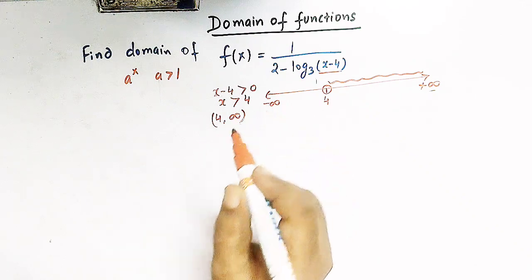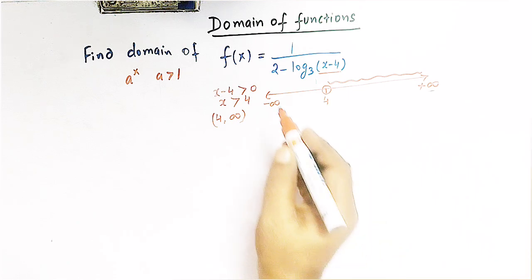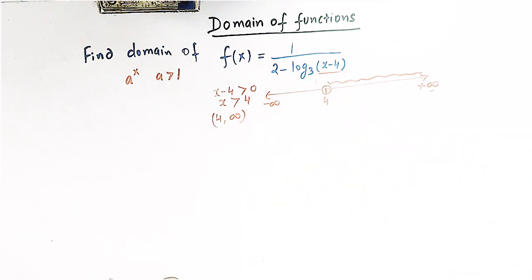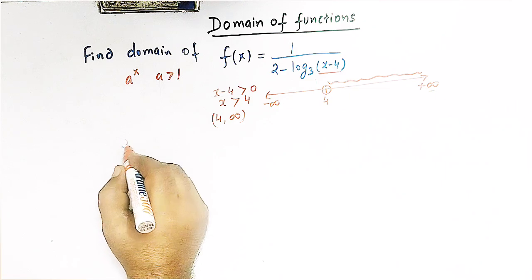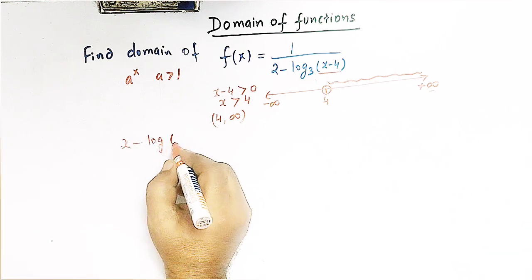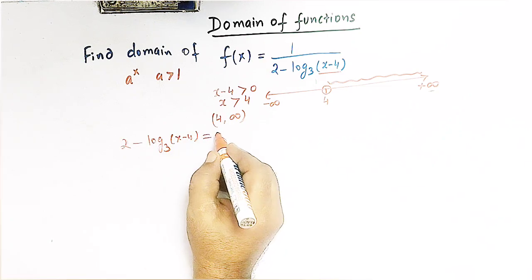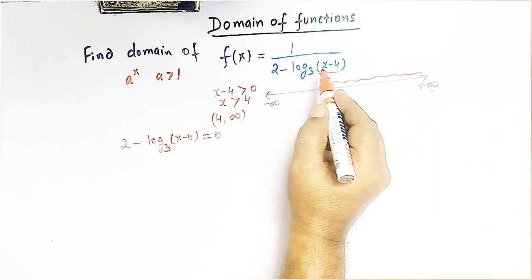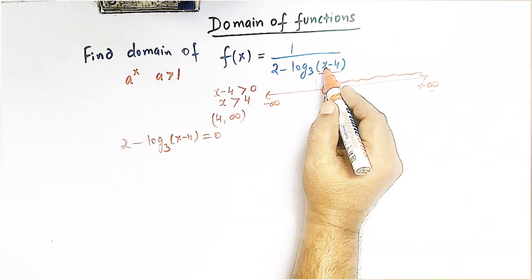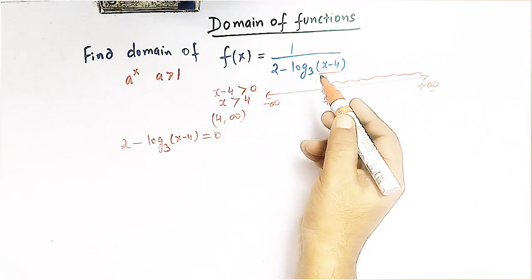Now let us consider the second condition. The denominator should not be equal to 0, so we should not have 2 minus log of x minus 4 to the base 3 equal to 0. We cannot have 0 in the denominator for any value of x, because then the function f of x is not defined.